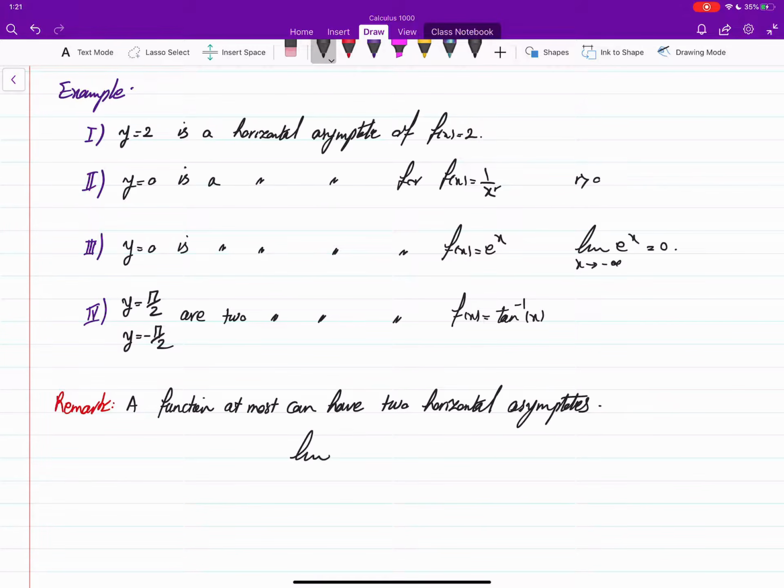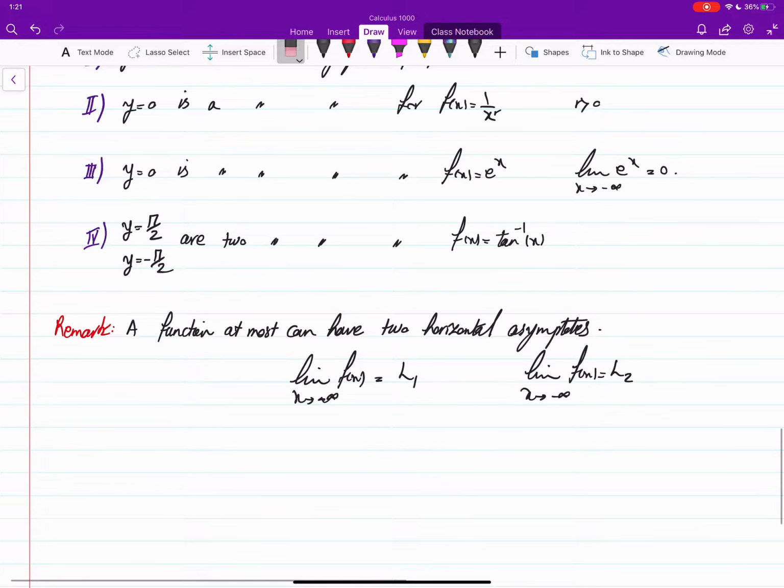When you find the limit of the function as x goes to plus infinity, let's say that's L1, and then the limit of f of x is L2 as x goes to negative infinity, then you pick two different numbers.